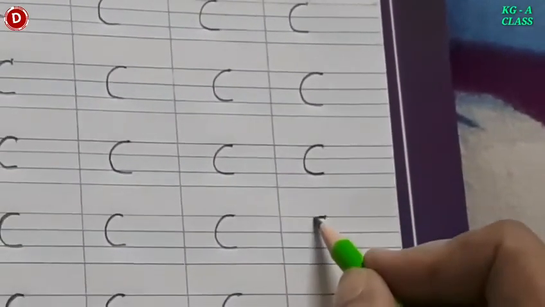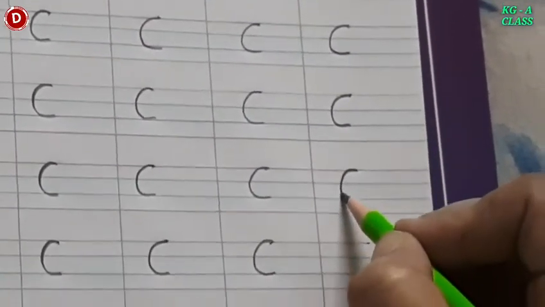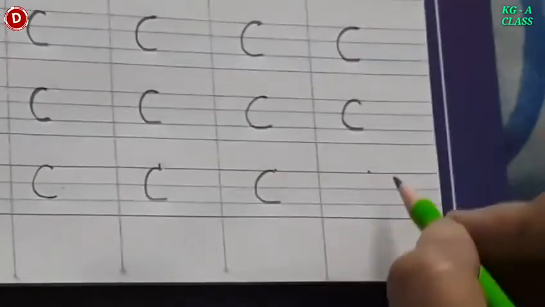In this way, you have to write one page of capital C in your English notebook, children. Alright, I hope you'll be able to write it properly. So, children, write capital C and take its picture and send it to me.